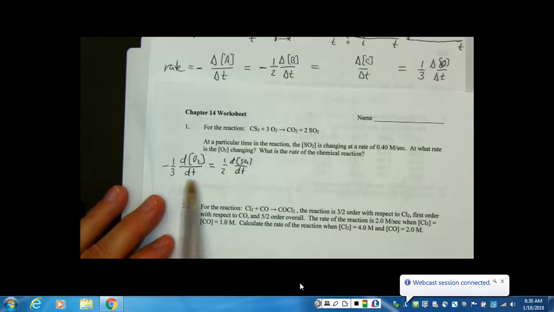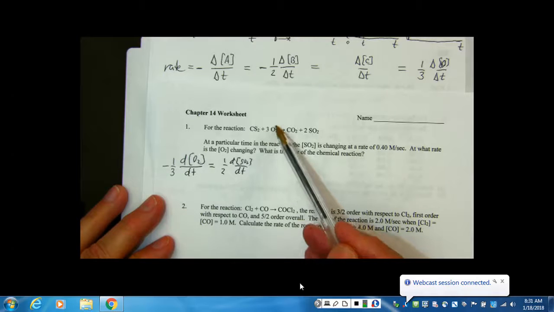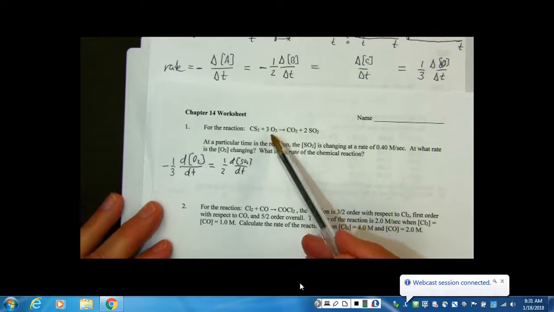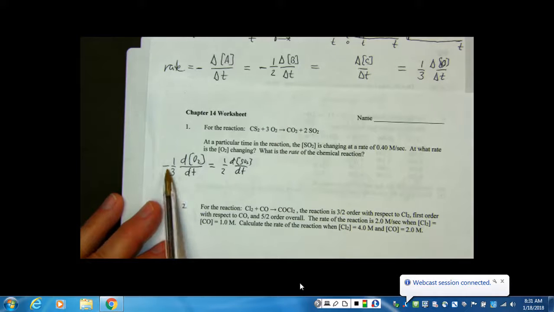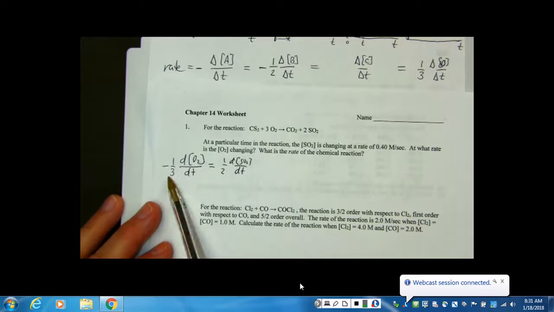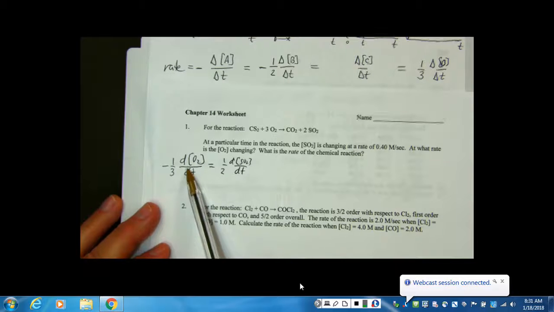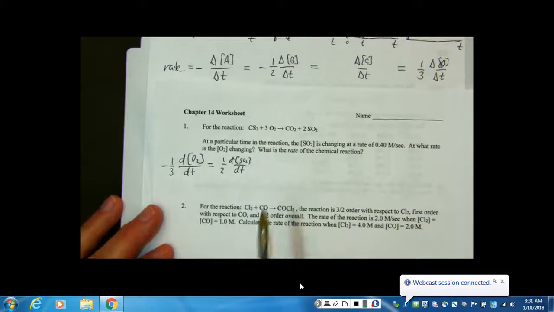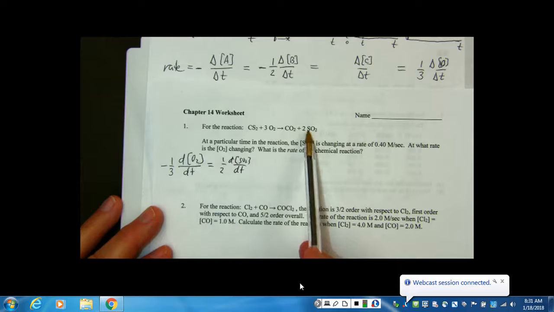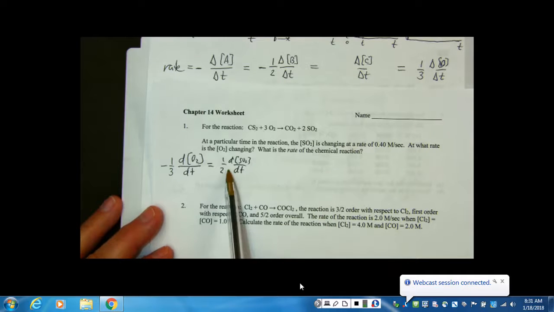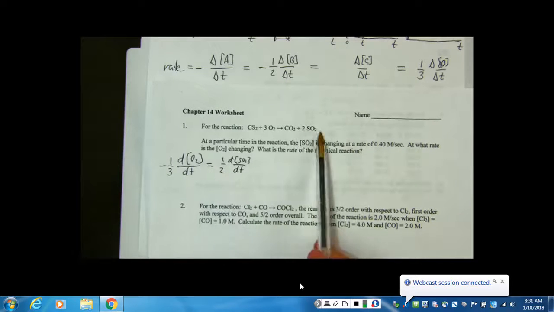So specifically, I've got minus 1/3 d[O2]/dt because it's a reactant, so I need the negative sign, and I need the 3 because it's got a 3 in front of the oxygen in the chemical reaction. And then over here, it's positive because that's a product, and I need the 2 because there's a 2 in front of it in the reaction.